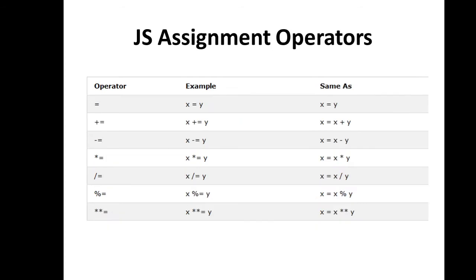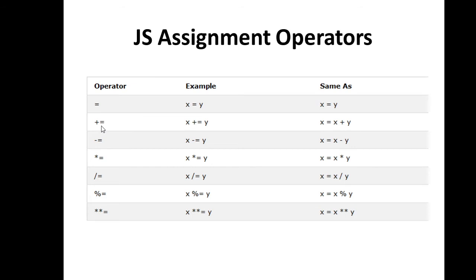Then the JS assignment statements. A while ago, we learned that the equal operator is an assignment statement, but we can also have other variations of the assignment statement. So x = y means y will be assigned to x.